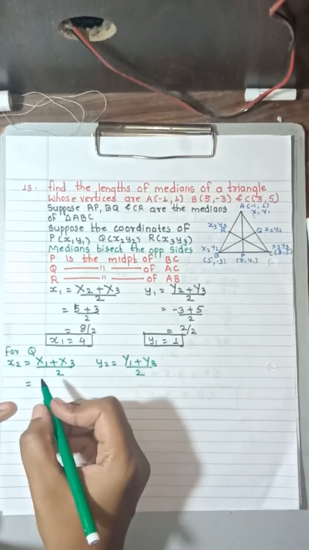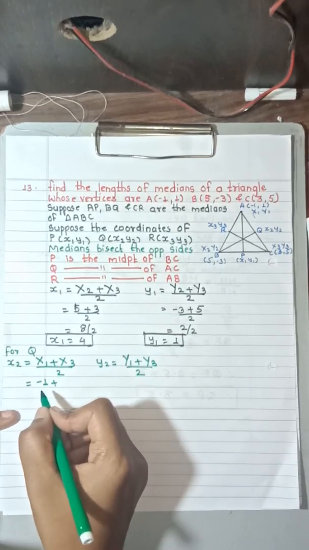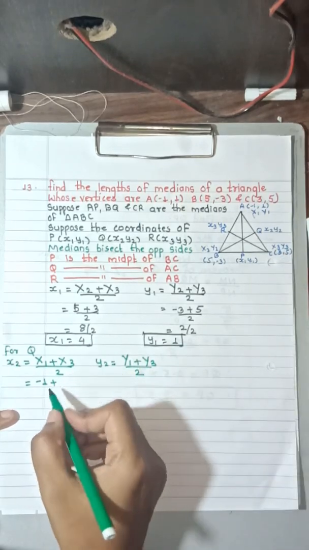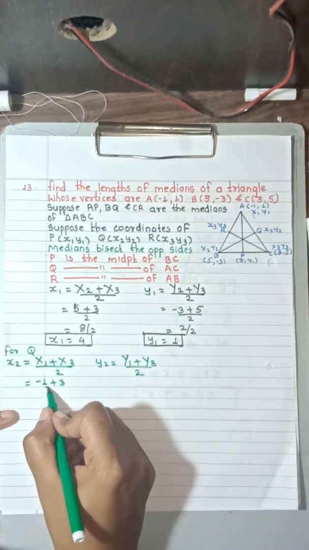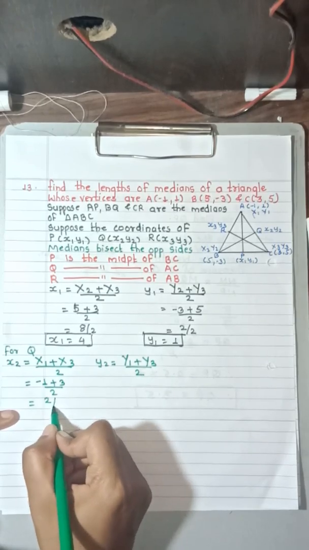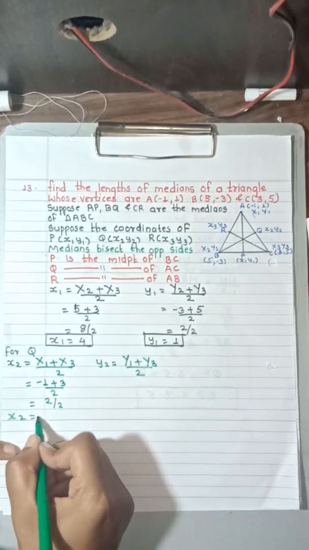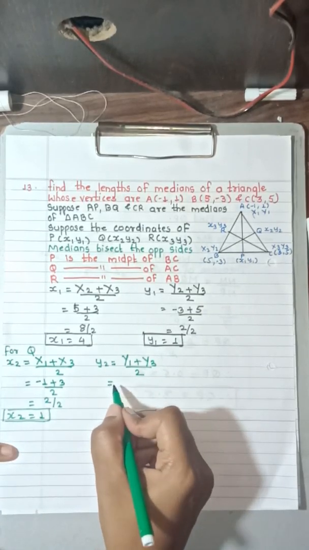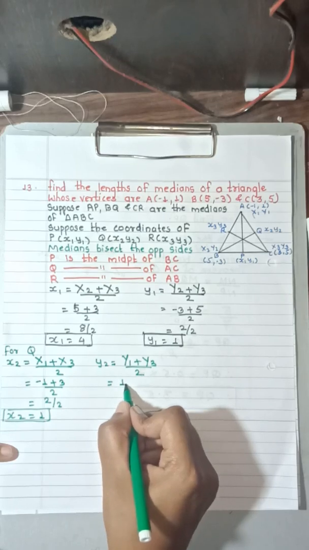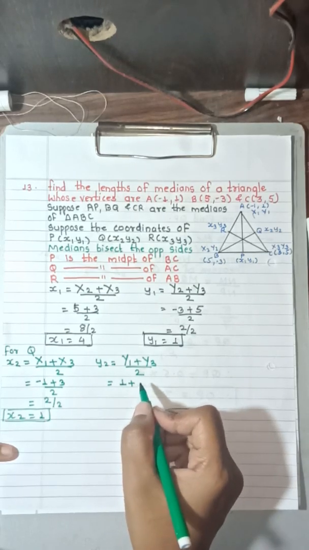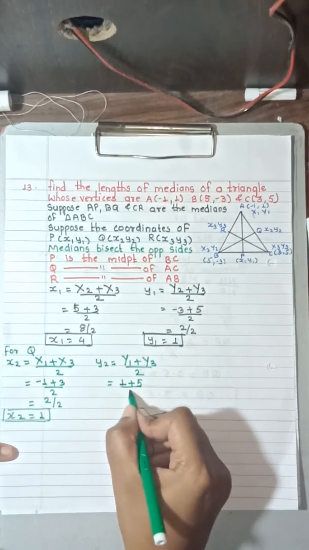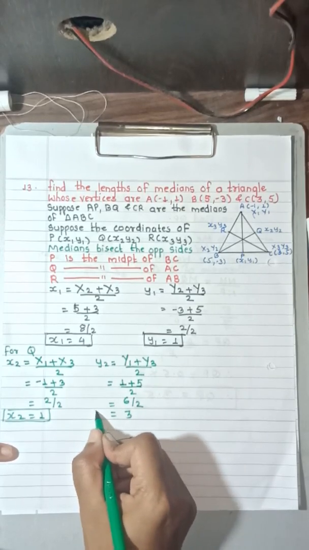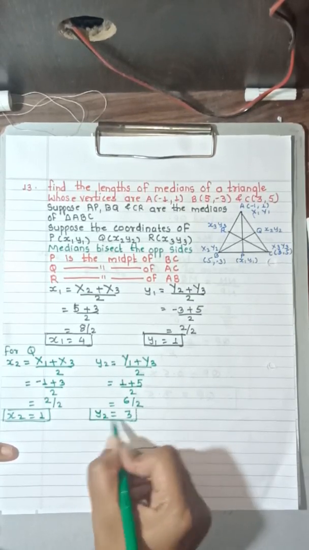That is minus 1 plus X3 is 3 upon 2, that will be equal to 2 upon 2, and small x2 will be equal to 1. Now for y2, capital Y1 is 1 plus Y3 is 5 upon 2, that will be 6 upon 2, and that will be equal to 3. So small y2 is 3.